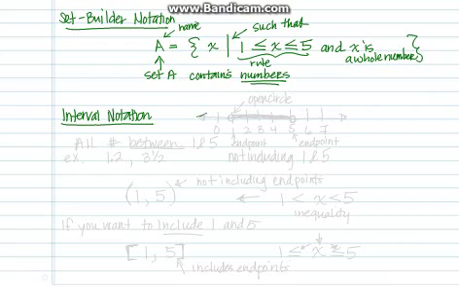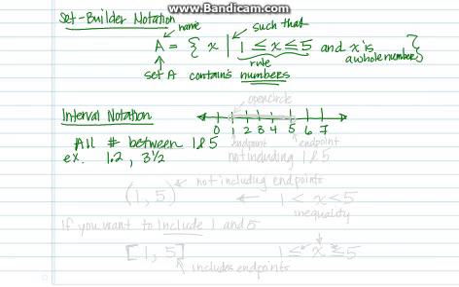If I want to talk about all the numbers between 1 and 5, not just 1, 2, 3, 4, 5, that would include things like decimals and fractions, like 1.2 or 3.5.